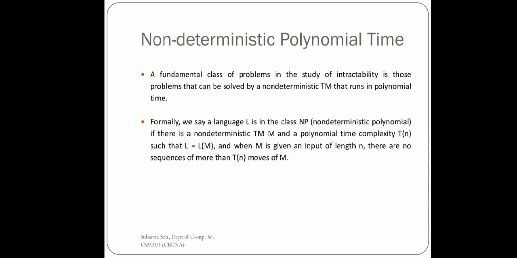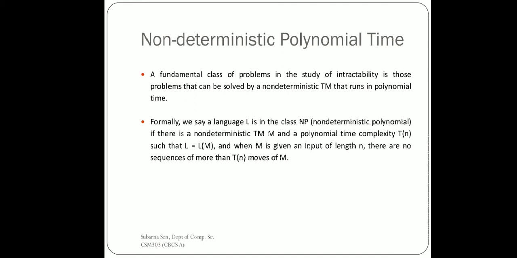So that means, if we are given a language L, we have to design a Turing machine which is going to accept my language in polynomial amount of time, and that Turing machine will be a non-deterministic Turing machine. If we are able to construct a non-deterministic Turing machine which can accept my language L in polynomial amount of time, then we will consider those problems as NP class problems.